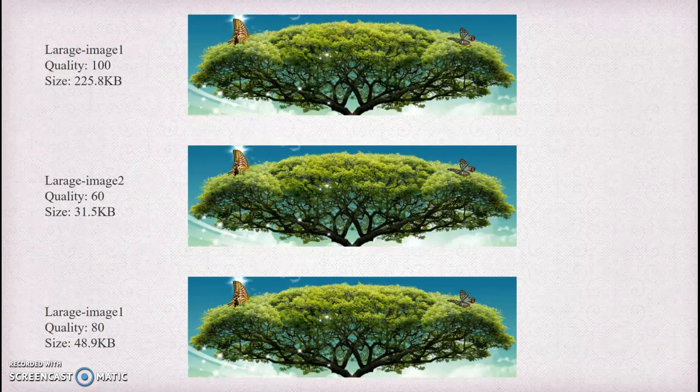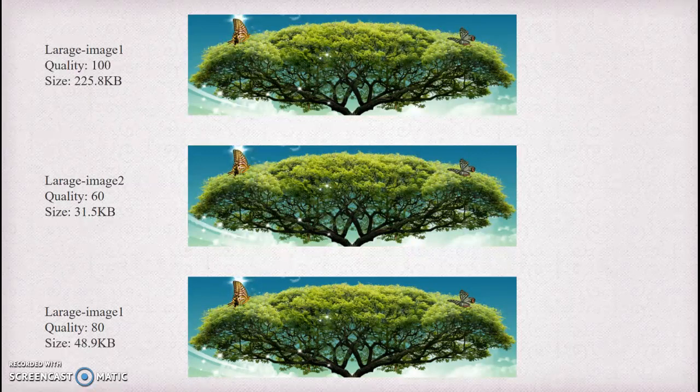As you can see, oh, I just realized I spelled large completely wrong. But anyways, large. So the top is the one with the quality of 100, 225.8 kilobytes. The middle one is the quality of 60, 31.5 kilobytes. And the last one, quality of 80 with 48.9 kilobytes.